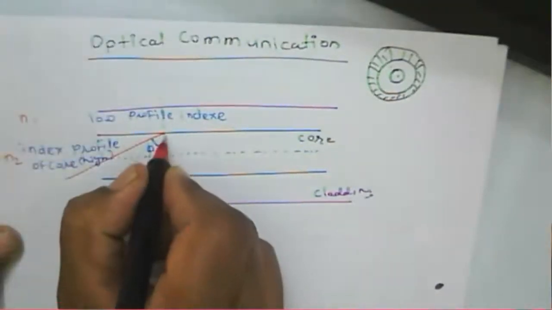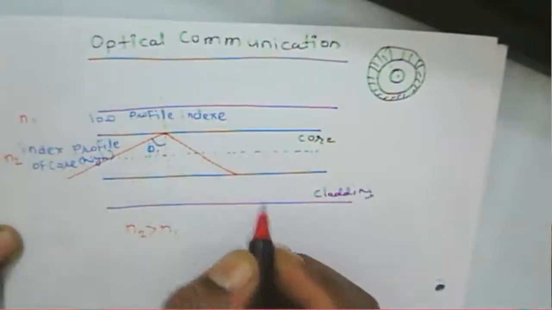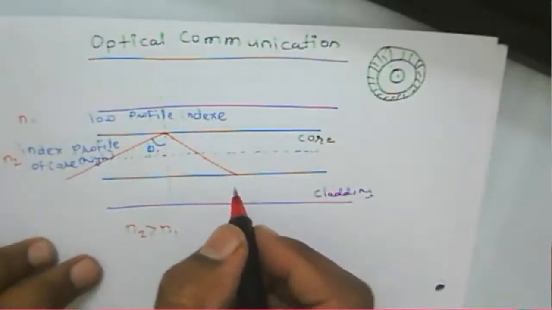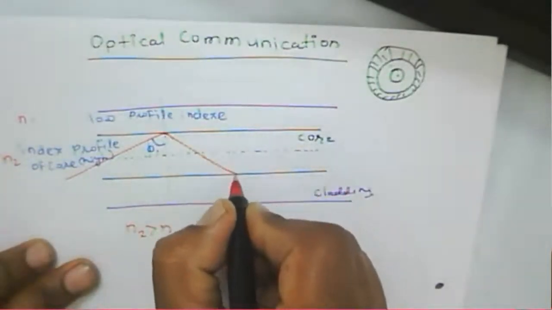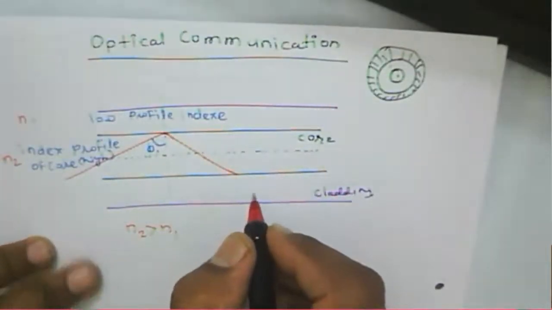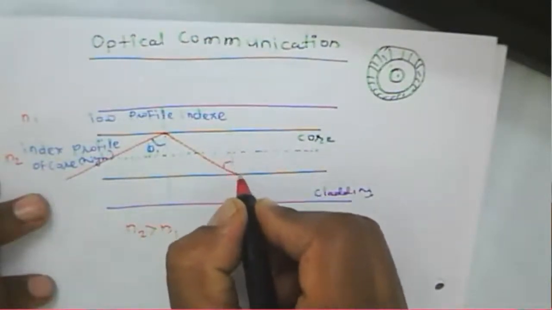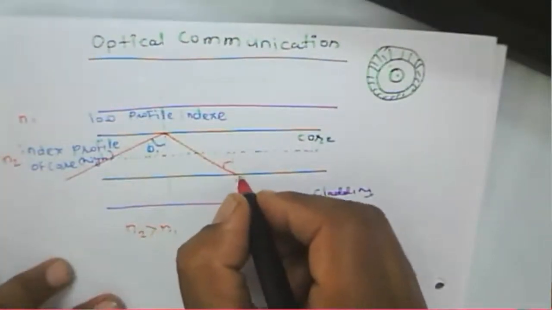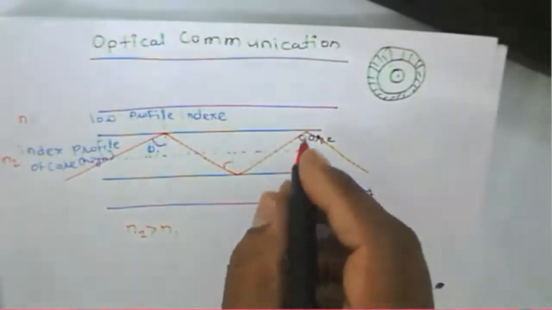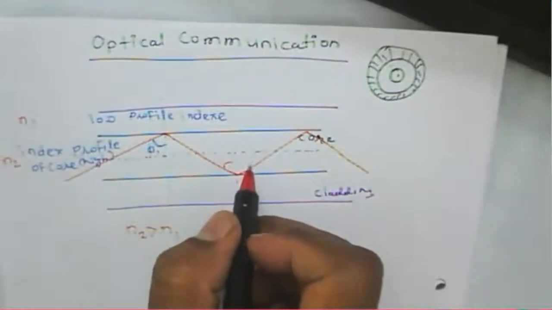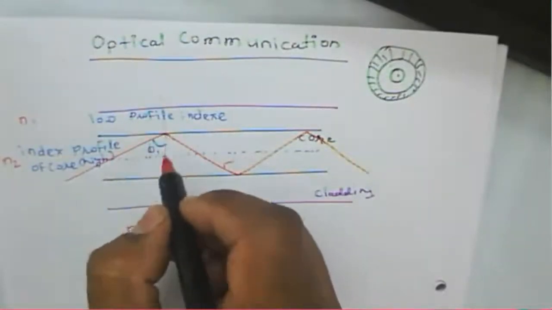Then and only then the light propagates, meaning the incident ray will be reflected. Then it reaches this particular boundary, and again this phi has to be greater than the critical angle. Then it will be reflected, so the light will be reflecting throughout this particular fiber.